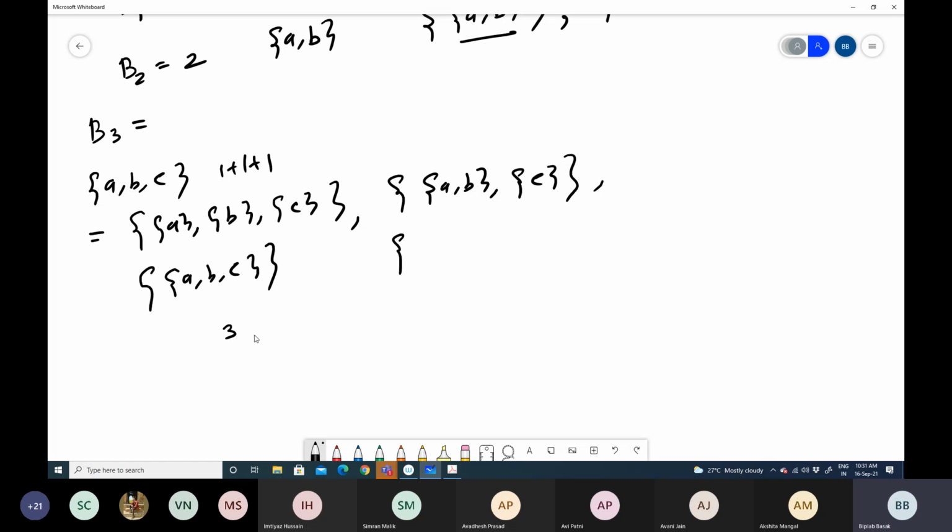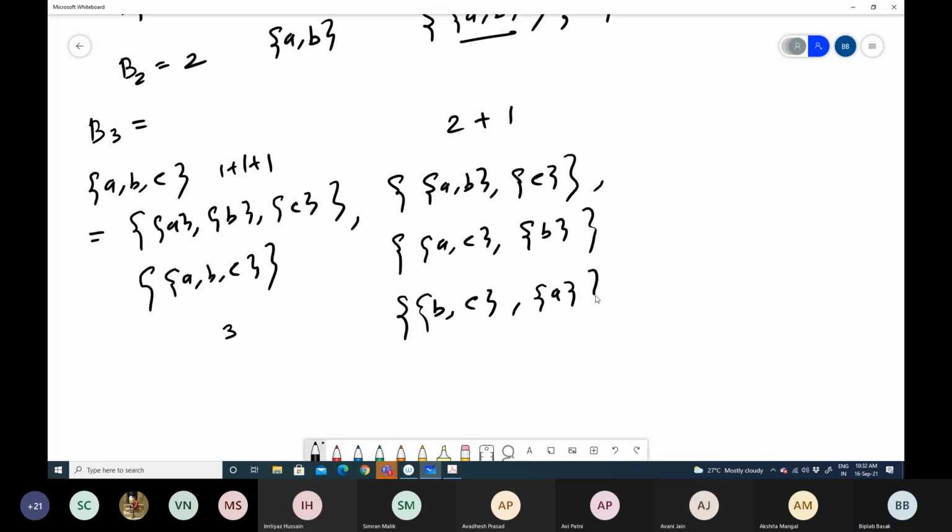And there are other options, 2 plus 1: A, C and B, and another one is B, C and A. And the one with the whole set A, B, C. These are all the possible partitions, so the total number is 5. So B1 is 1, B2 is 2, B3 is 5.